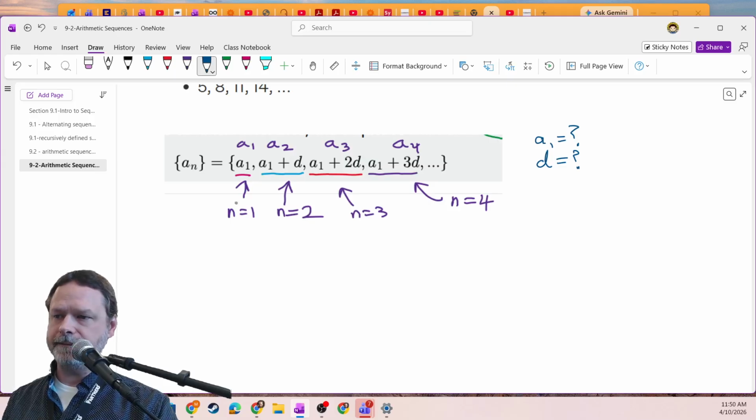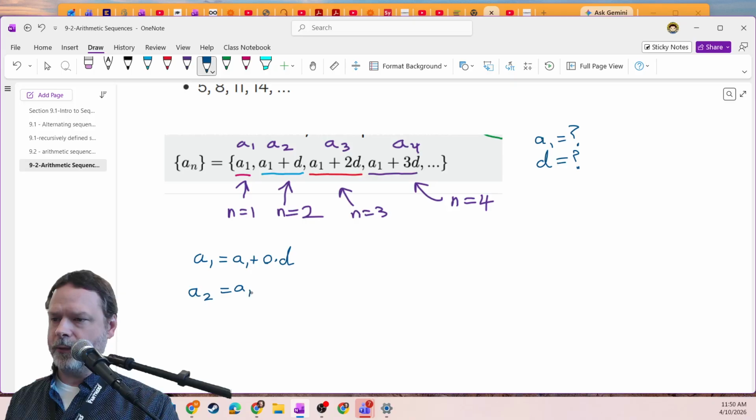So what's the pattern? For this first term, a sub 1, we could rewrite it as a sub 1 plus 0 times d. That's my a sub 1. Okay, my a sub 2 was right here.